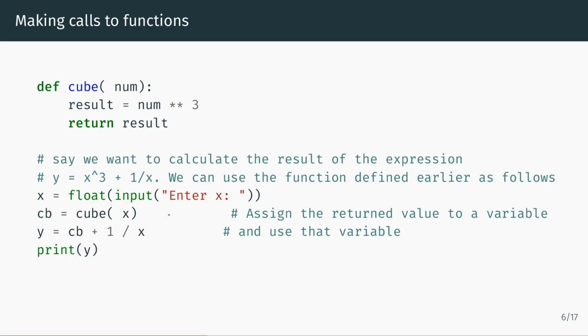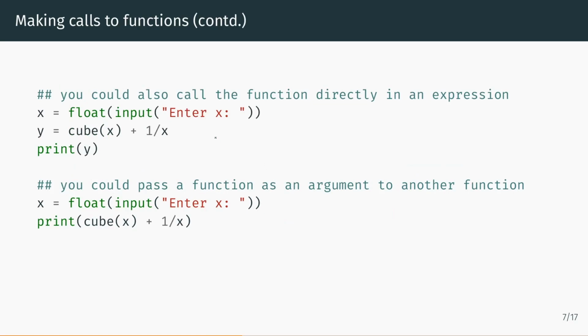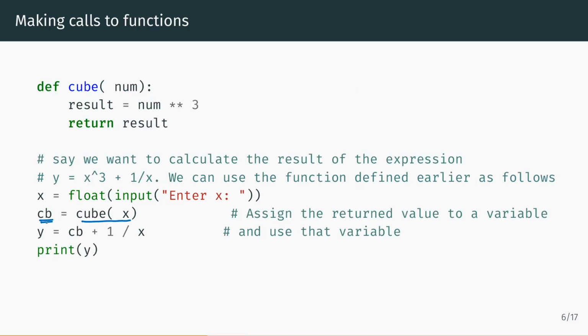That's one way to call a function: you call the function, pass it an argument, and if the function returns something, you can save that return in a variable. There's another way. You can call the function directly in an expression. Instead of saving the cube in a variable and then using that variable in the next expression, you can use the function call directly in the expression.